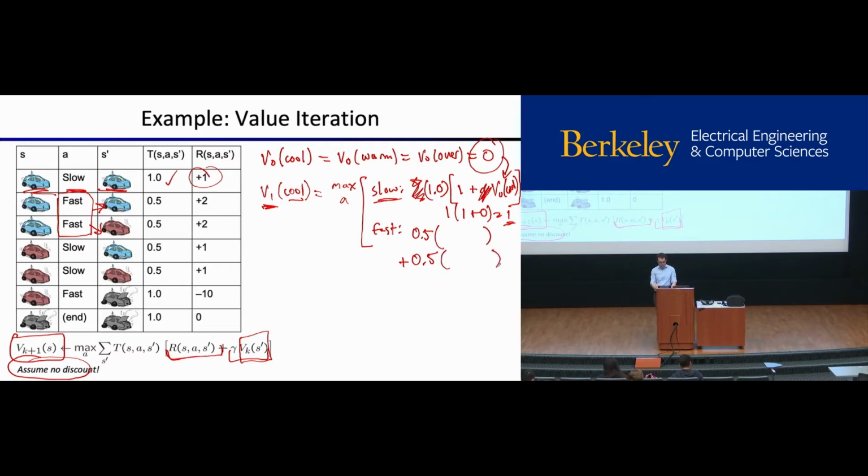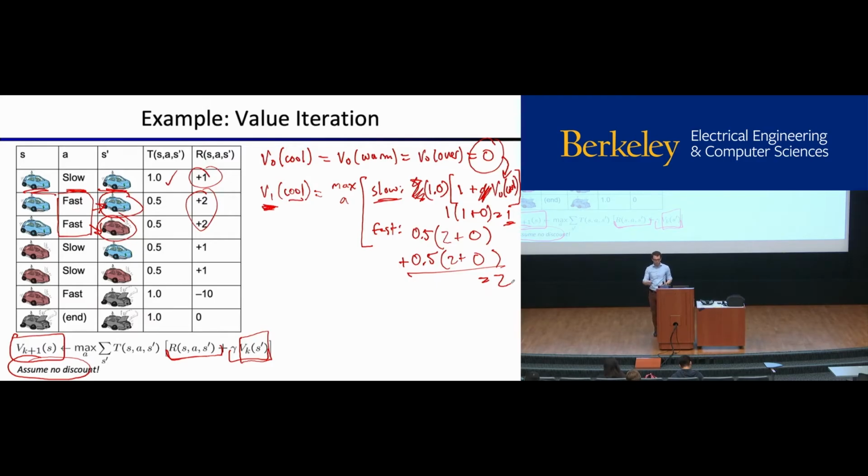And what goes in the something is the reward for each case, which is 2, plus, we can ignore gamma because we're assuming no discount. And then we have V1 that we want to find. And so we're looking at V0 of the two states we might end up in. Well, V0 of cool is 0, and V0 of warm is 0. So those both end up being 0. And now we're just averaging together these 2's. This equals 2.